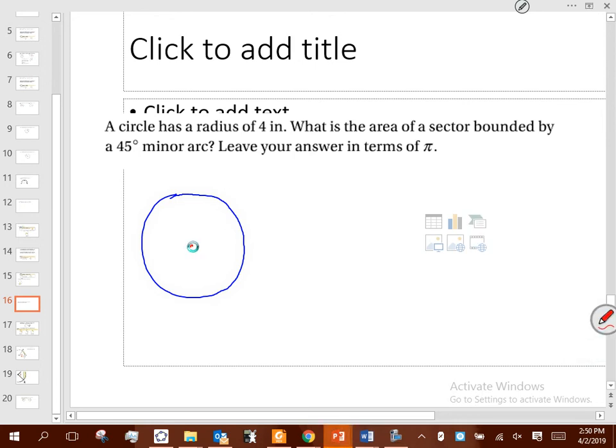So when I draw my radius here of 4 inches, and I draw another radius of 4 inches, the minor arc that bounds this sector is going to be that arc right there. Is that okay with everyone? Minor meaning it's going to be smaller than 180. So it's 45 degrees. Is that okay?